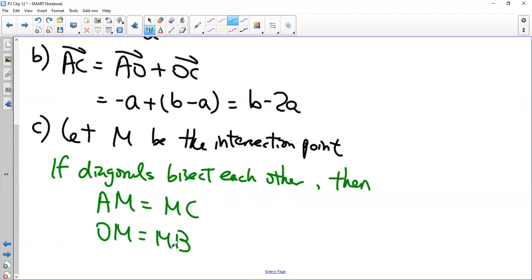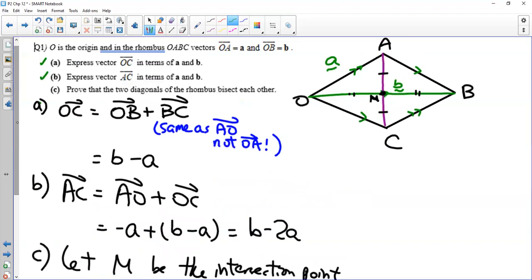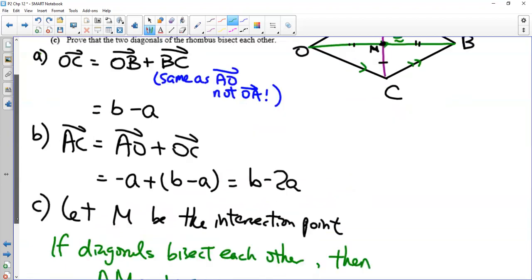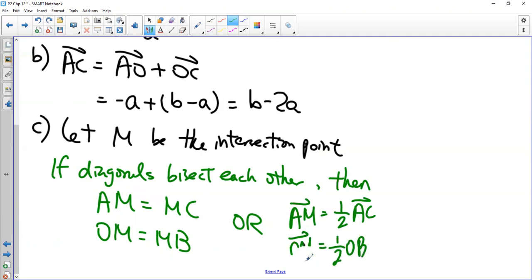Now, but we don't know anything about M. So another definition is, if they do bisect each other, yes, that means they cut into half. It means AM will be half of AC. Now, the reason we have to use another definition is because we don't know anything about this mysterious point M. So we can also rewrite as AM is a half of AC. And OM will be a half of OB. Okay, if they do bisect each other.